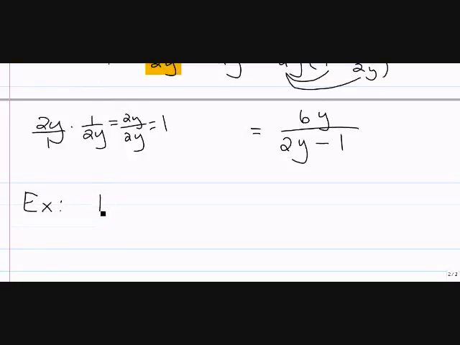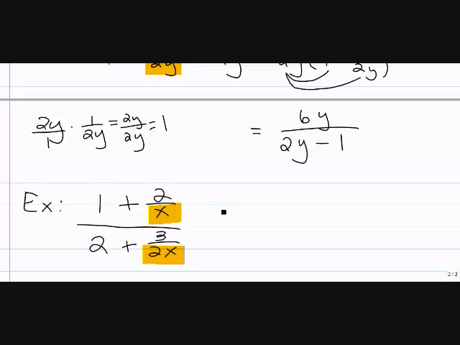1 plus 2 over x divided by 2 plus 3 over 2x. Okay? I look at all of my denominators. x, 2x. The least common multiple for x and 2x needs to have an x in it, needs to have a 2 in it, and I've already got an x in it, so my least common multiple is 2x.